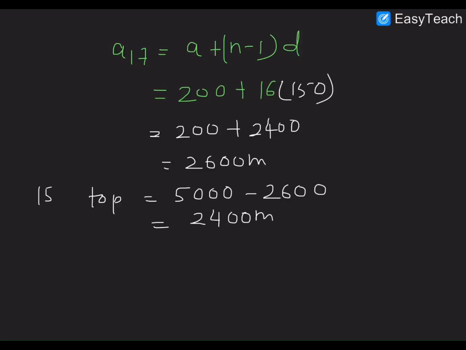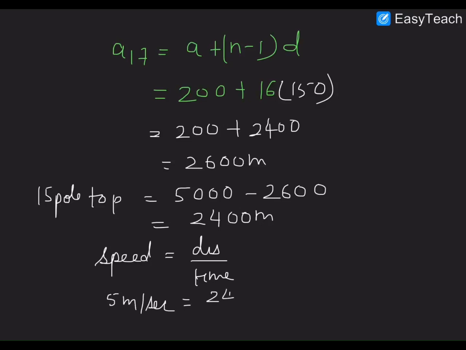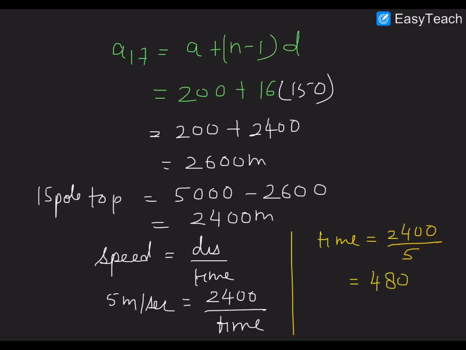This is the 15th pole. Given the speed of 5 meters per second, distance is 2400, so time is equal to 2400 by 5, which comes out to be 480 seconds.